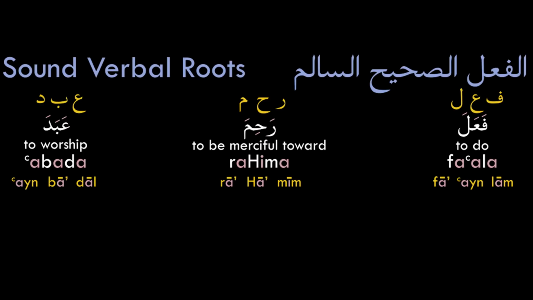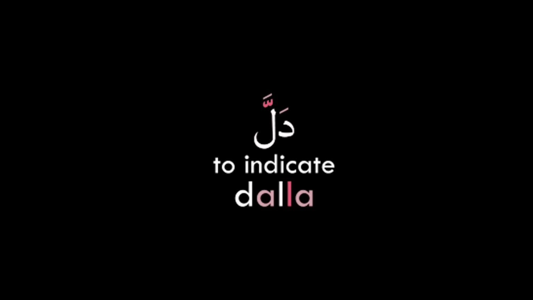The second type is the one where its second and third root letters are the same, and instead of repeating the same letter, we merge them into one and we put shadda above it, like dalla. The letters that make up the root are dal, lam, and lam, or hatta.